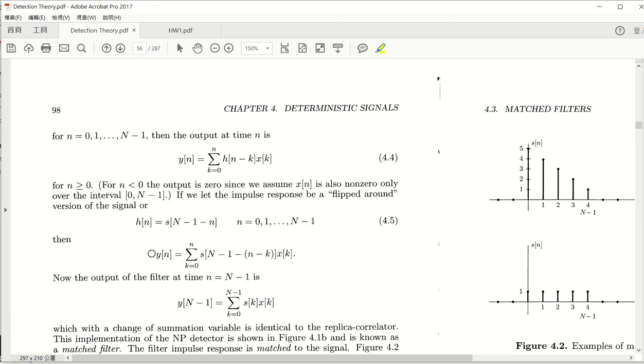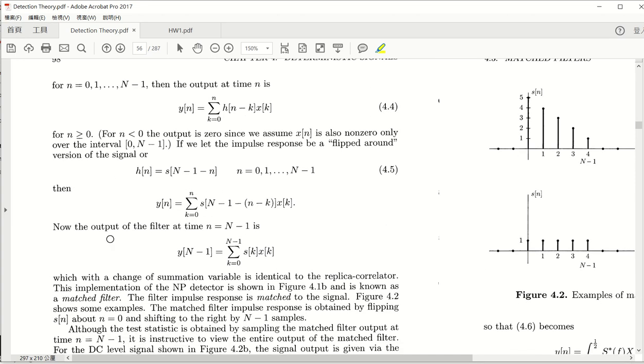Then y n will be equal to something like this because you just put this into here. Of course, the index has to correspond to each other. You correspond it and then you set it properly. You get something like this. And then now the output of the filter at time n equal to n minus 1 will be something like this.